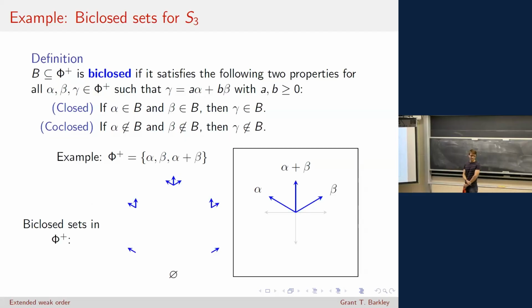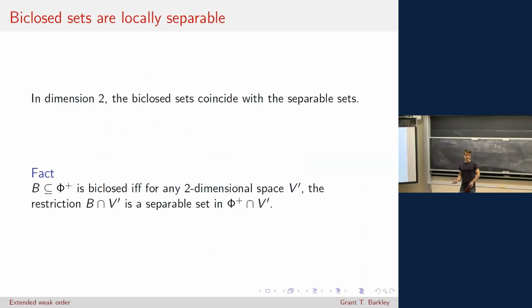So again, here are our 6 biclosed sets, and you'll say these look pretty familiar, and that is because they have appeared on like 15 of the slides so far. So these are, of course, the separable sets again. So let's see if we can figure out what's going on. Actually, in dimension 2, the biclosed sets always coincide with the separable sets.